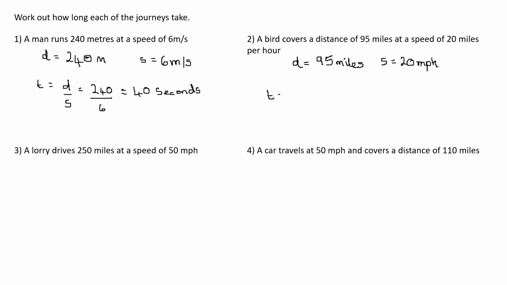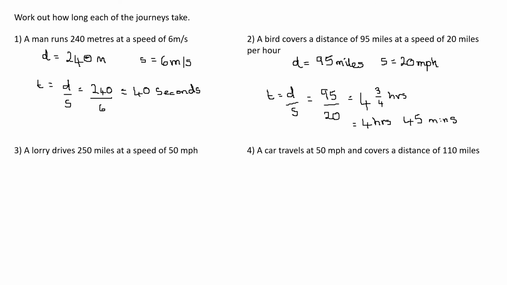So again, time equals distance divided by speed, which is 95 divided by 20. And that will give us 4 3/4 hours. And let's give our answer in hours and minutes. So we're going to have 4 hours, and 3/4 of an hour is 45 minutes. So it will take the bird 4 hours and 45 minutes to cover a distance of 95 miles.